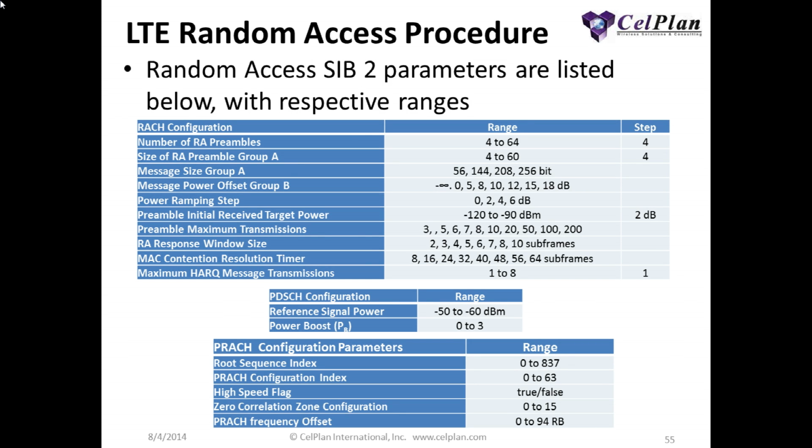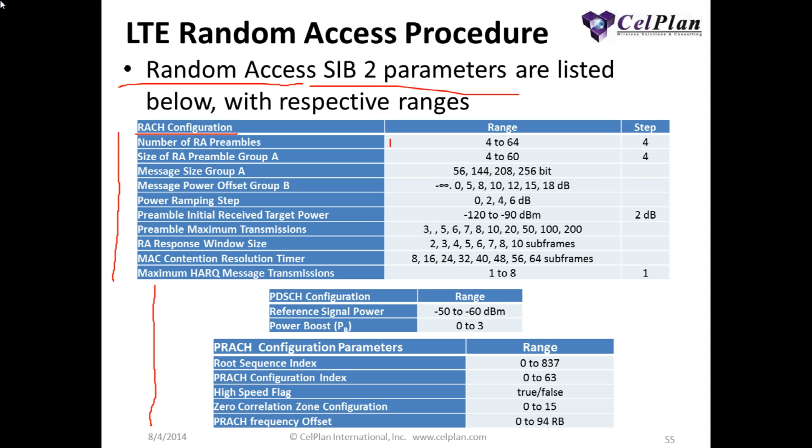Here now we have the complete set of SIB2 information parameters related to the random access. In the RACH configuration, we have a number of random access preambles, 4 to 64.